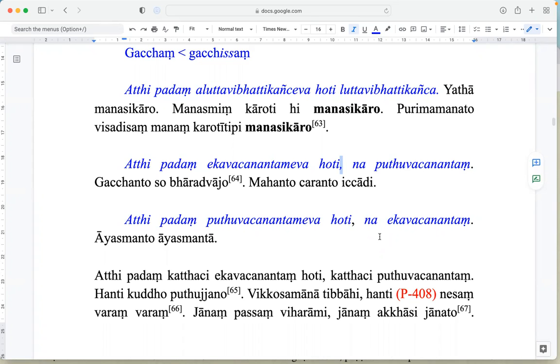They should be related, right? Because here the word padang has to be in the aniyama sentence, right?